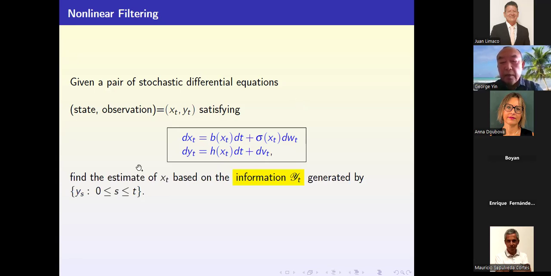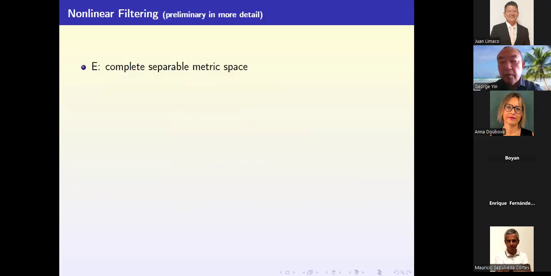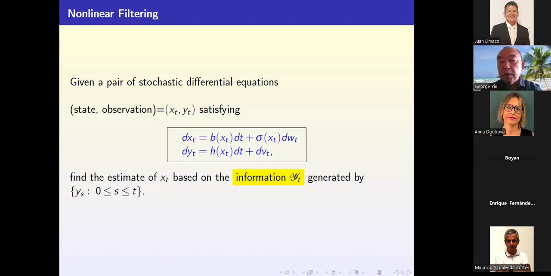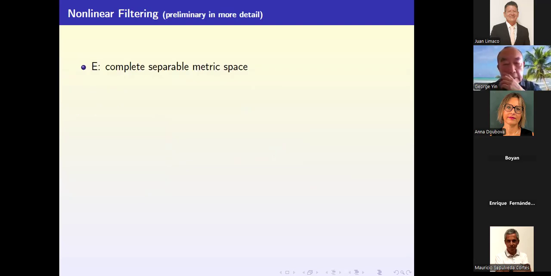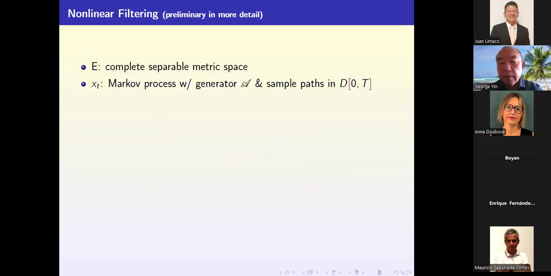The problem is as follows. Based on the information, I use script Y_t, which is the sigma algebra generated by the Y up to time t. With this, we want to estimate what the unknown X is. Let me do a little more formulation. We are working with E, a complete separable metric space.